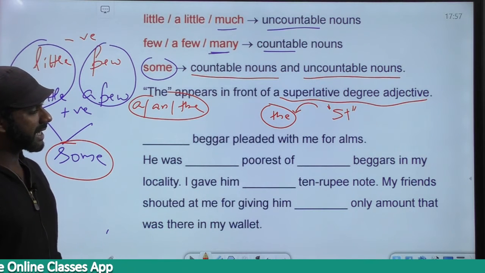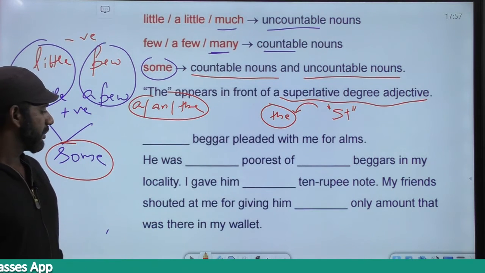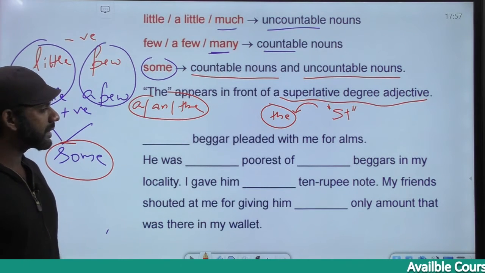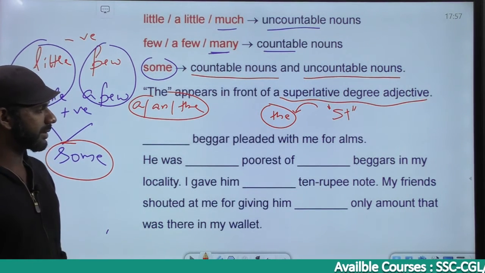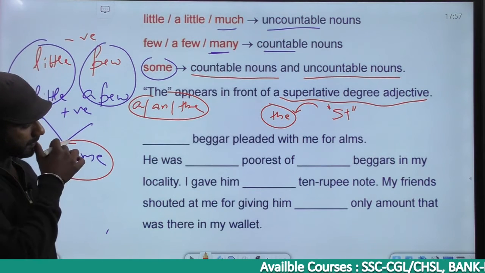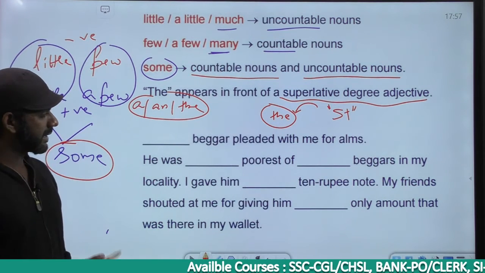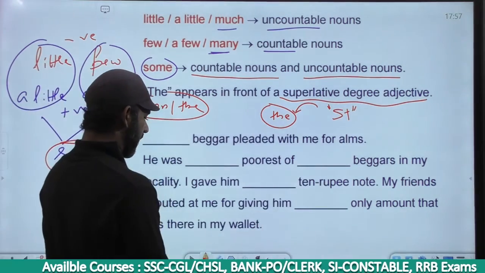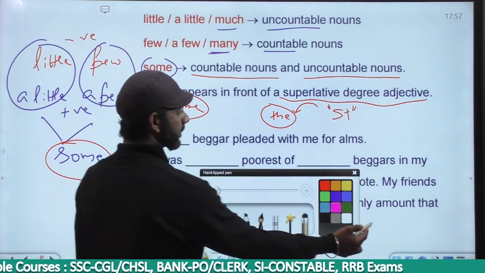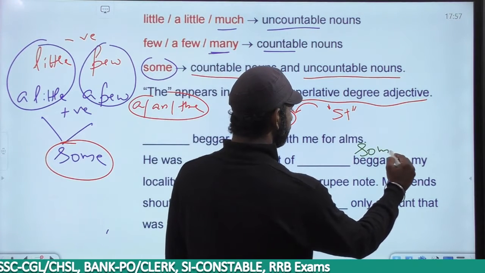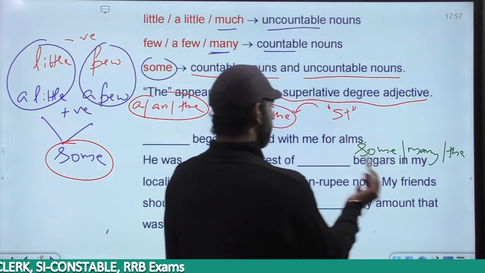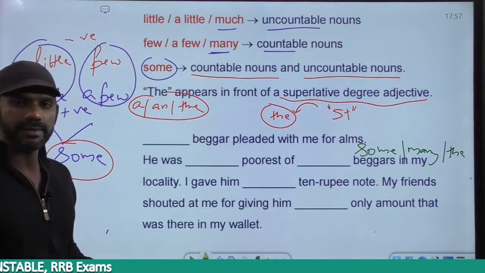I gave him dash 10 rupee note. My friends shouted at me for giving him dash only amount that was there in my wallet. Now, for the third blank, he was dash poorest of dash beggars. For this particular blank, the options are some, many, the.